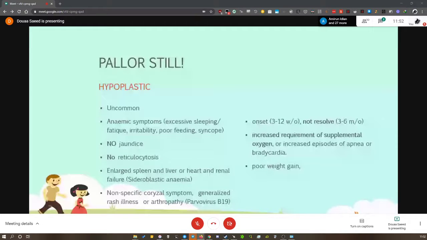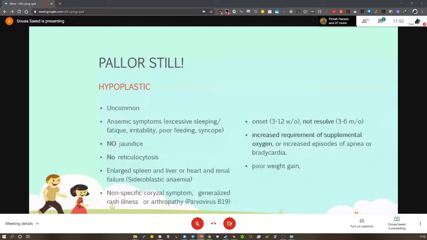It can present with an enlarged organ, or with heart or renal failure. There are non-specific coryzal symptoms or a generalized rash, illness, or arthropathy relating to a virus. The onset can be within 2 to 3 weeks, and it's not resolving by 3 to 6 months.